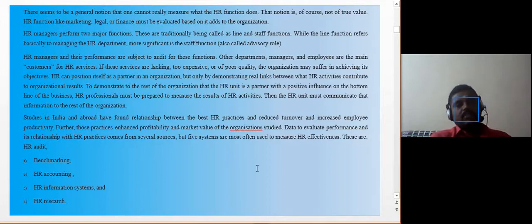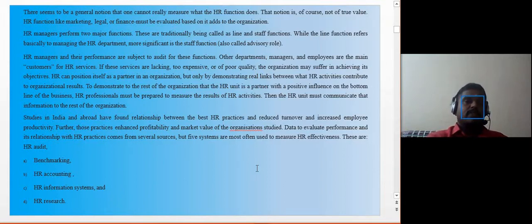HR managers perform two major functions. These are traditionally called line and staff functions. The line function refers basically to managing the human resources department. More significant is the staff function, also called the advisory role.